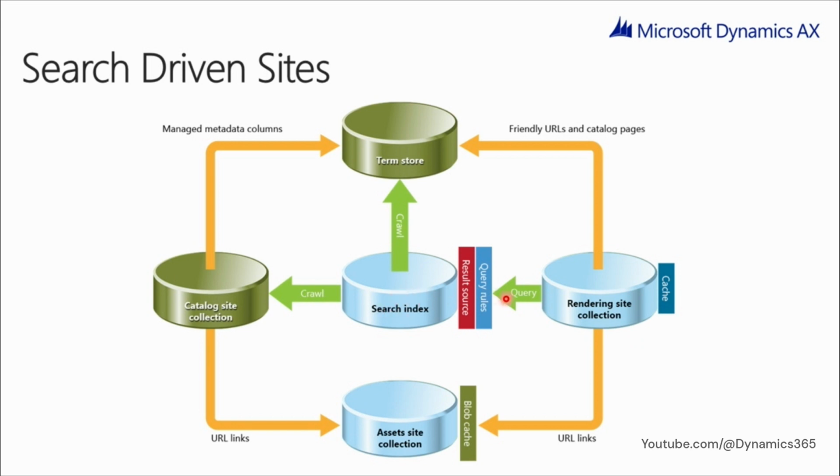So, now the first thing to look at is the term store. The term store holds the complete product hierarchy. SharePoint Server 2013 includes the term store management tool that you use to create and manage term sets.